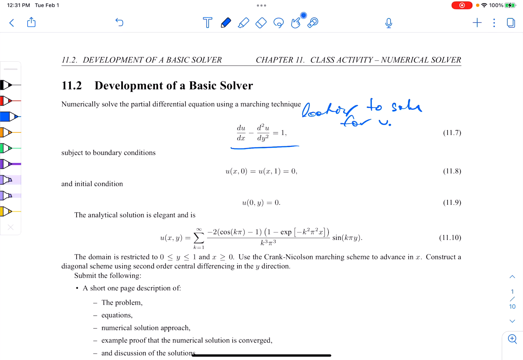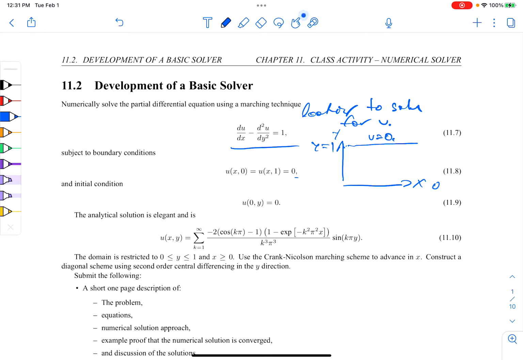We have some domain, and there'll be an x direction and a y direction. And I'm giving you some boundary conditions. I'm saying that u along the x direction at y equals 0 is 0. And there's also some location, y equals 1, where u equals 0.